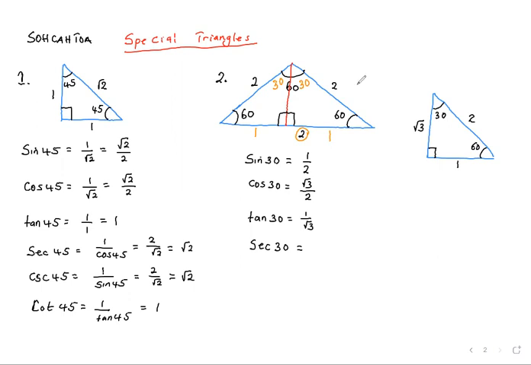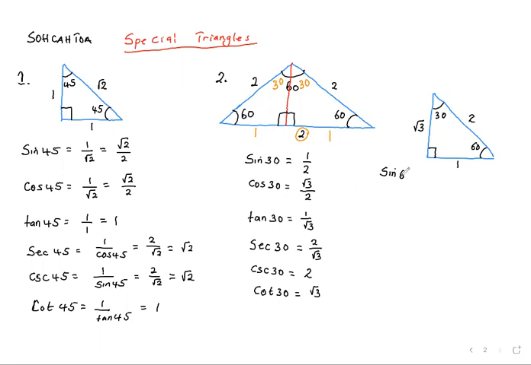Sec 30 is 1 over cosine, so it is 2 over root 3. And cosec 30, 1 over sine, so it is 2. Cot 30 is 1 over tan, so it is root 3.